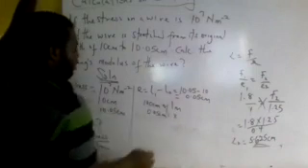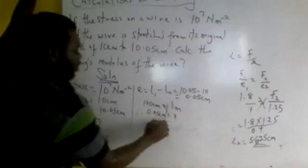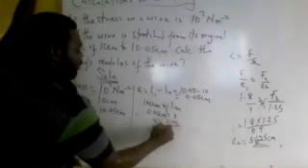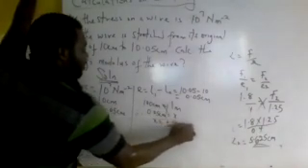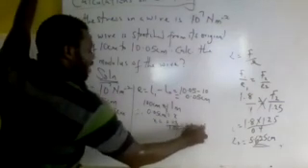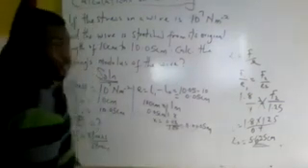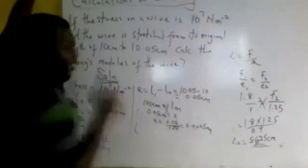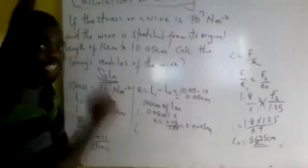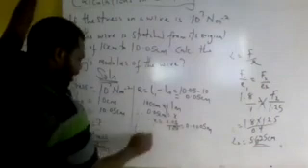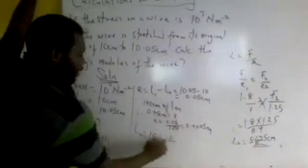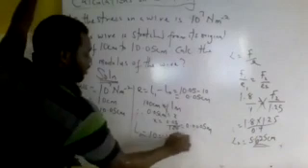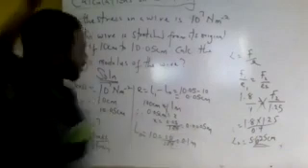Cross multiplying, x will be equal to 0.05 divided by 100, which is 0.0005 meters. That will be your extension. Now remember that we still need the value of the original length, which is 10. So 10 divided by 100 is 0.1 meters. So that is what our original length is.